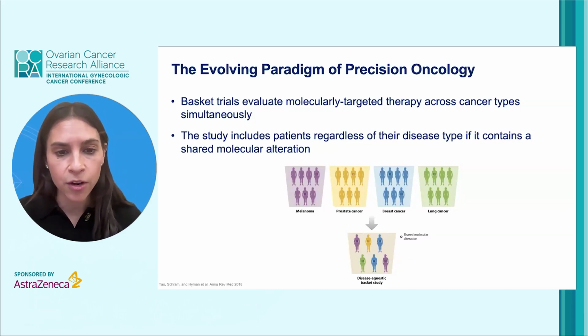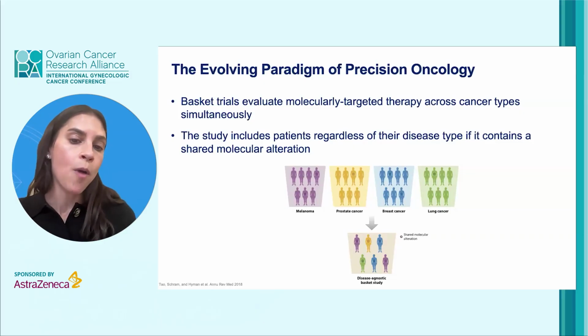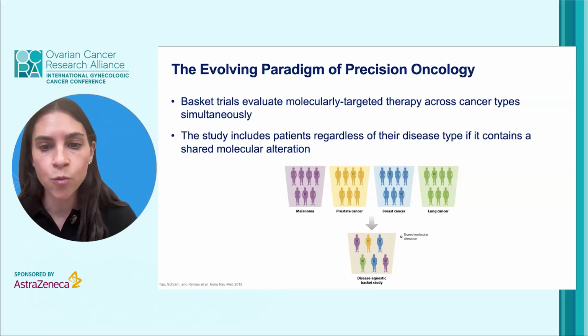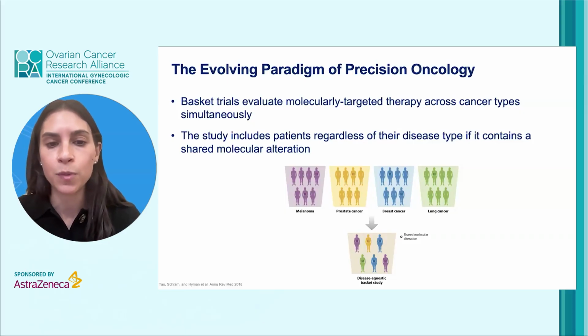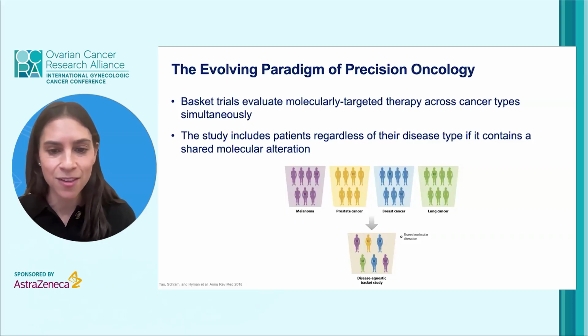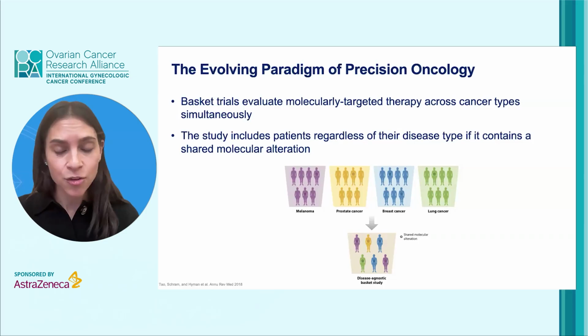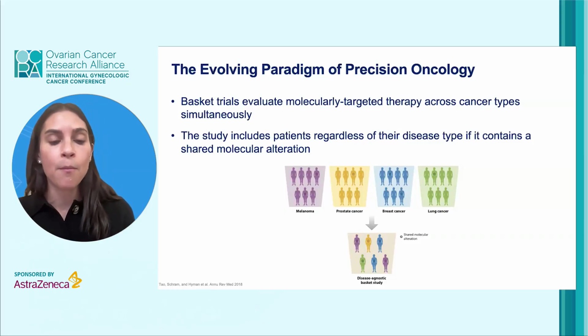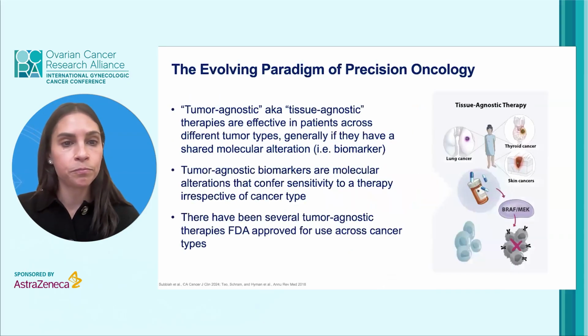So you can see in the figure here, there are patients with melanoma, prostate cancer, breast cancer, and lung cancer. But in each of the examples, one or two patients have a specific molecular alteration denoted by the circle. And the basket trial studies patients with that specific molecular alteration regardless of their cancer type. So rather than grouping them by disease, we're now grouping them by molecular alterations.